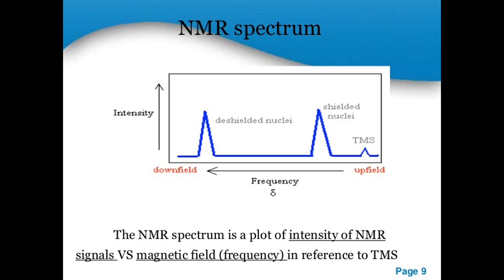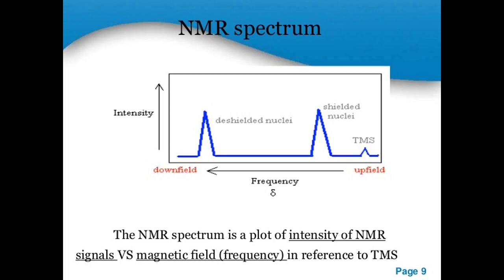Now we irradiate the precessing protons with a steadily changing frequency in the RF range and observe the frequency at which the absorption occurs. But it is more convenient to keep the radio frequency constant while the strength of the magnetic field is constantly varied.